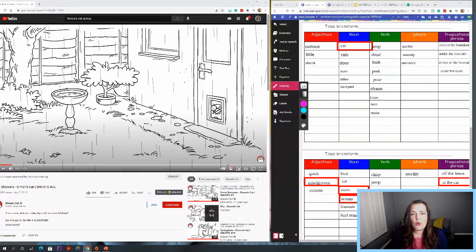And within that, you can also still correct them when they're making some grammar errors with noun-verb agreement, or if they're deleting a morpheme. You can address that with them within the context of the activity.